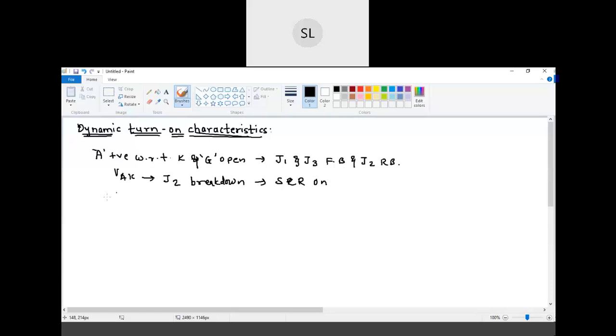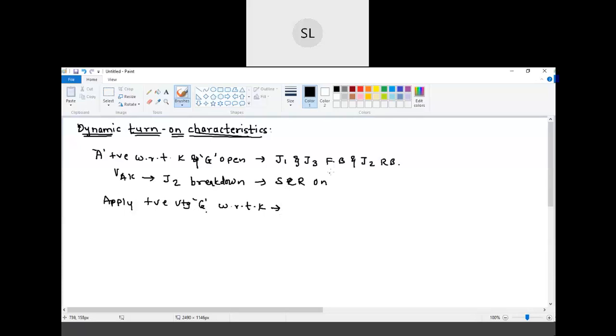The other way is to apply positive voltage to the gate with respect to the cathode. Depending upon this gate voltage, the SCR will be turned on. When we apply a positive gate voltage to the gate terminal of the SCR, carriers will be injected in the P region.